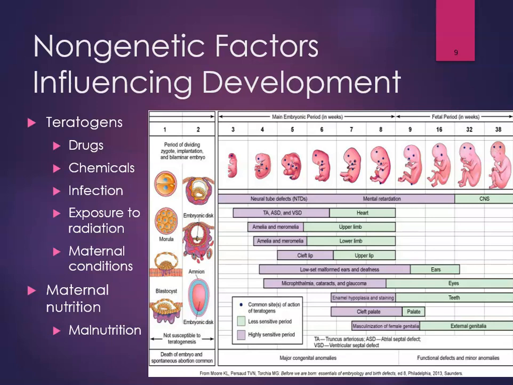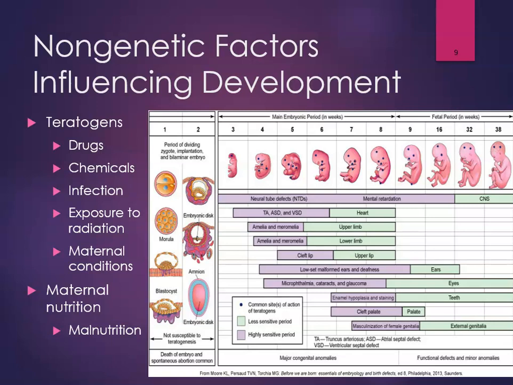So not only drugs, alcohol, cocaine, tobacco, even legal drugs. There's been this big thing in the news lately about Zofran or ondansetron. If you took ondansetron while you were pregnant, contact us.